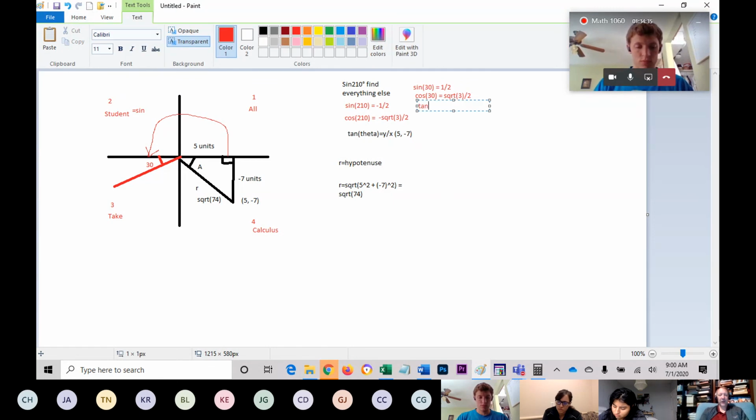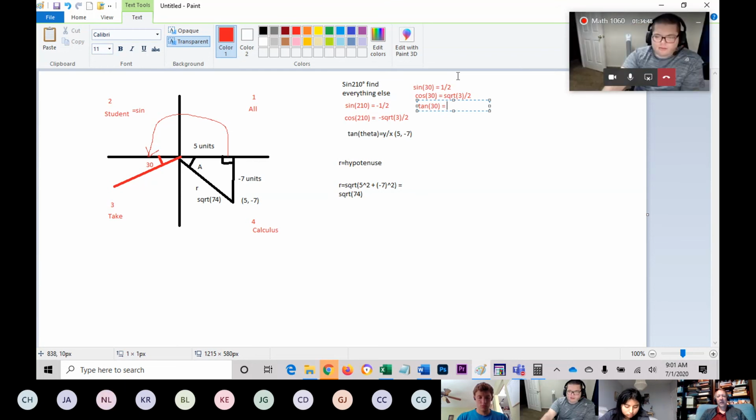Now let's move on to the next person. The tangent of 30 degrees equals, okay, Texas, it must be your turn. The tangent of 30 degrees would be the square root of 3 over 3. Right?